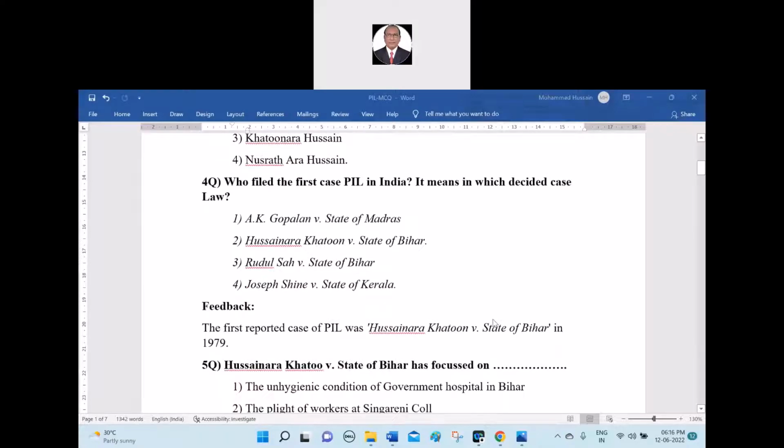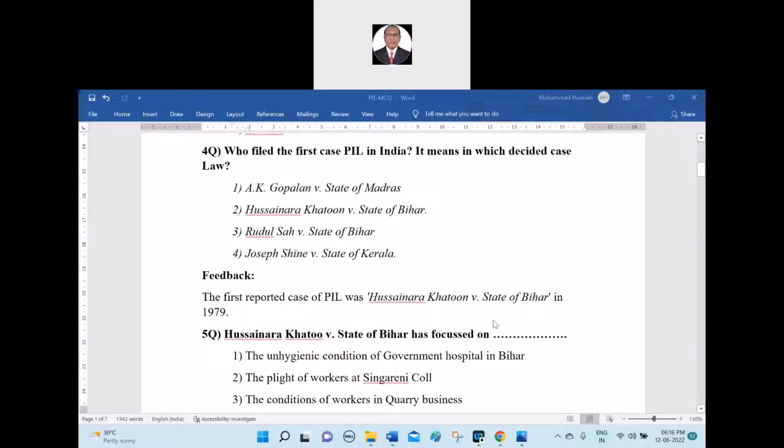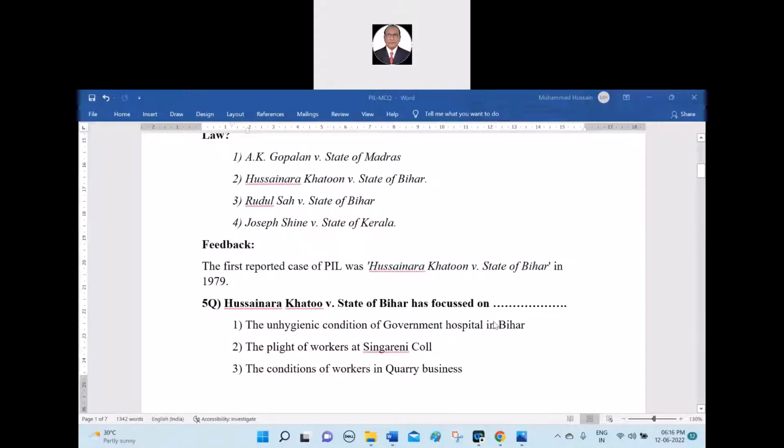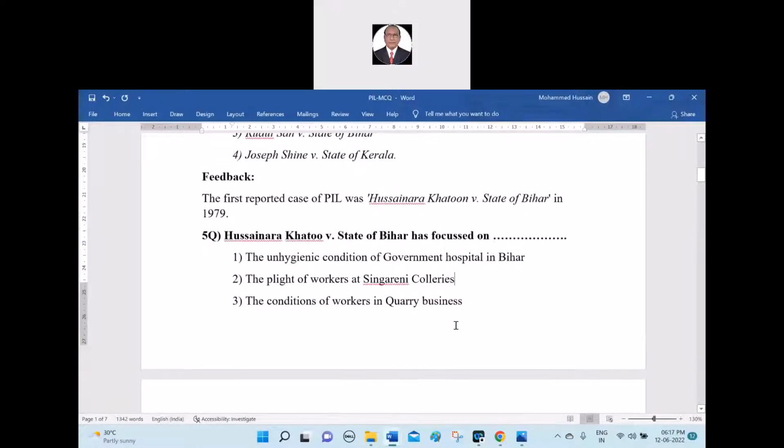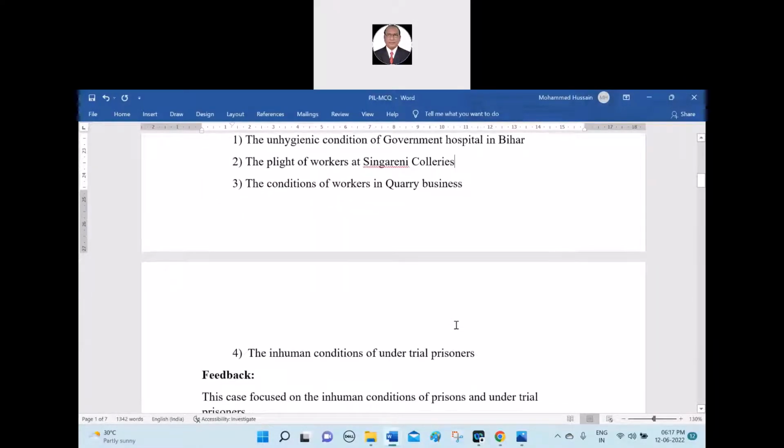Okay, next. Hussainara Khatun versus State of Bihar was focused on what? The unhygienic condition of the government hospital in Bihar, the plight of the workers in Singareni collieries, the condition of the workers in the quarry business, or the inhuman condition of under trial prisoners.